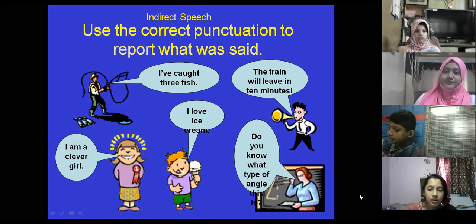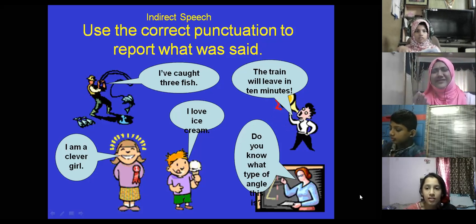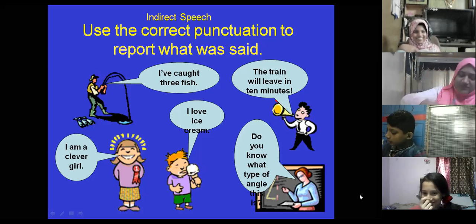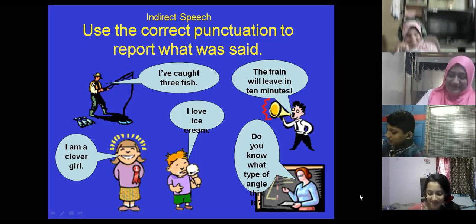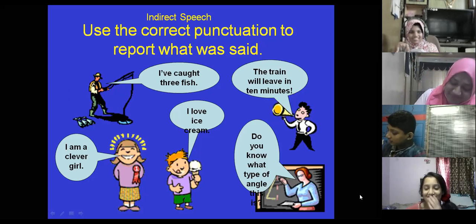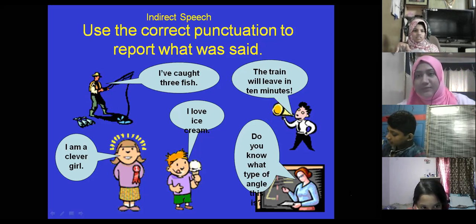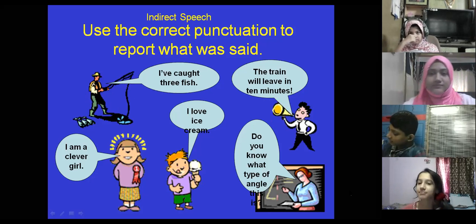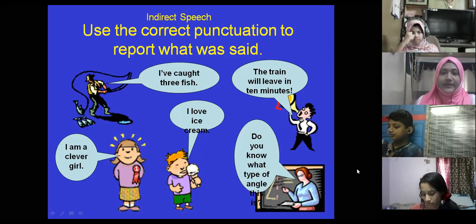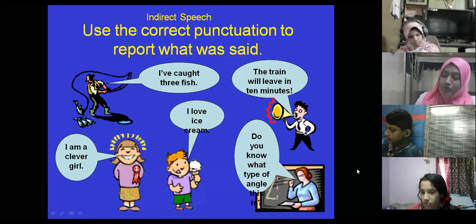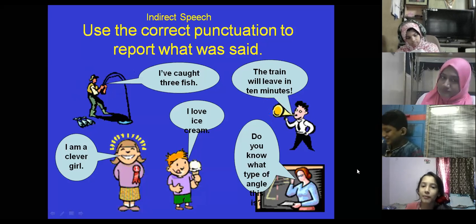The train will left? Please don't start with your English. You write these 5 sentences in indirect speech. The fisherman said that he had caught 3 fishes. How many fishes?